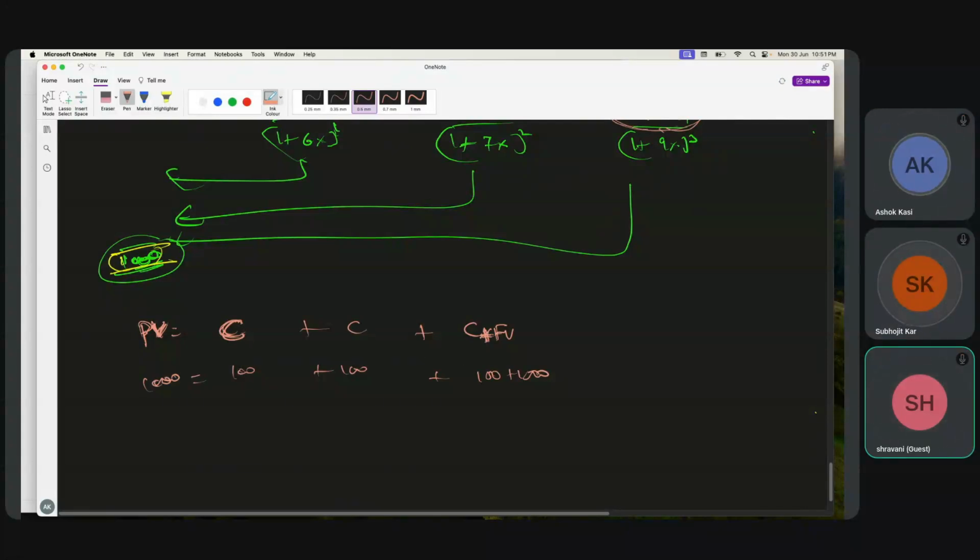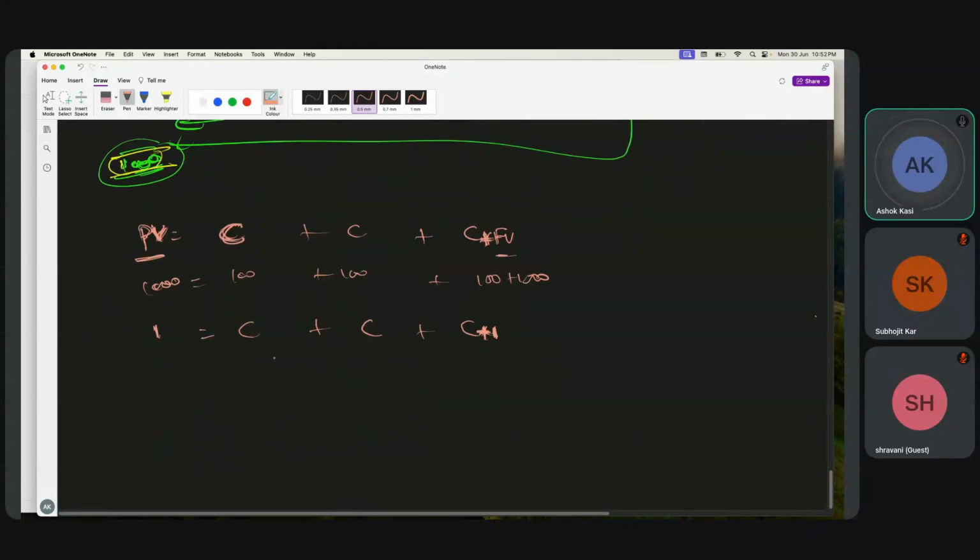Now, if this is 1 rupee, this is coupon plus coupon plus coupon. This is also 1 rupee. Par value and future value are the same. Now the present value will be like this: 1 by 1 plus S1, spot 1.